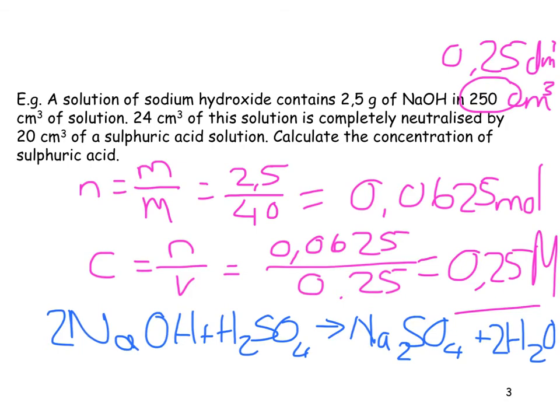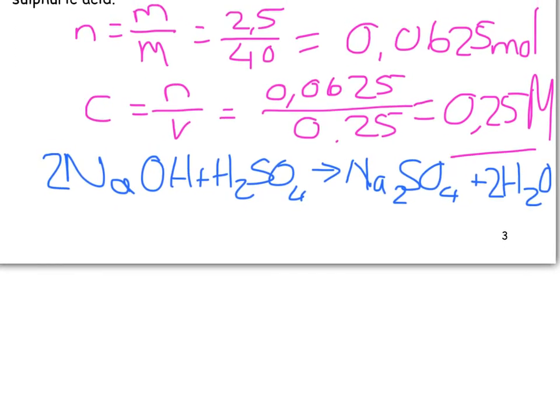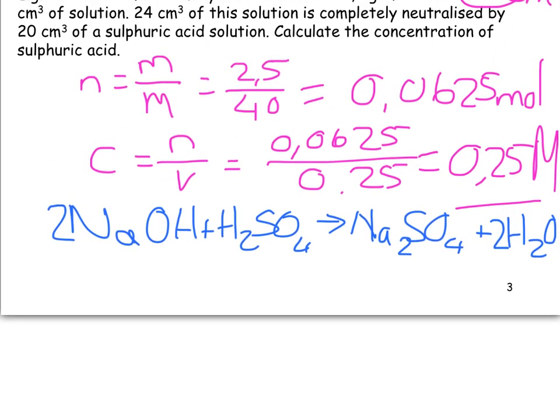Now that I've got a balanced equation, I am able to establish the volumes that I've been given of each. So I have 24 centimeters cubed of that and 20 centimeters cubed of that. I'm going to go the long way, but there is a shortcut and I'll show that to you afterwards. So the first thing I'm going to do is say, how many moles have I got over here?